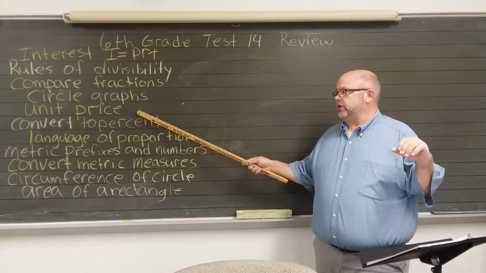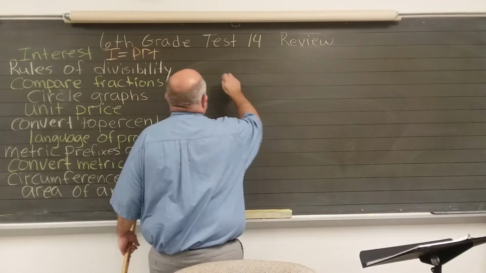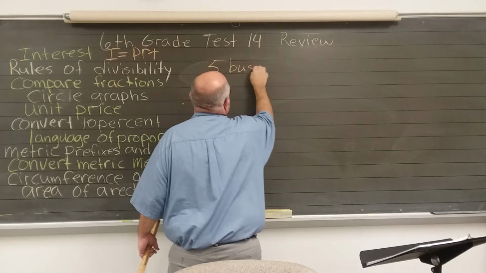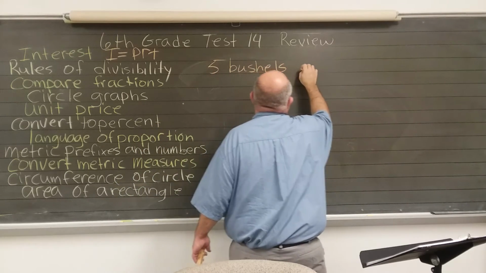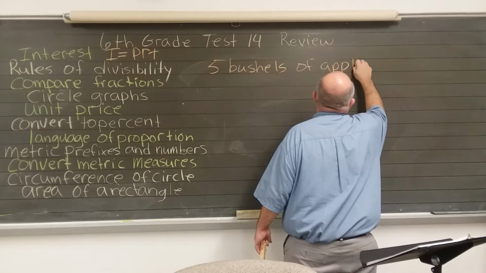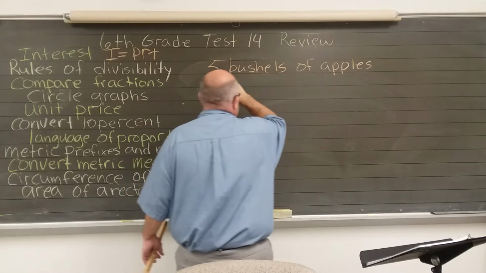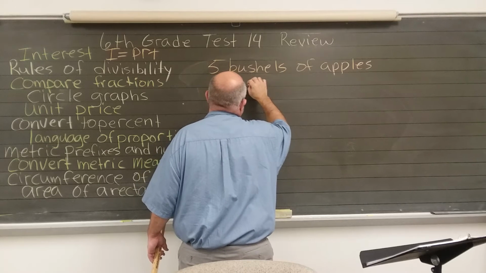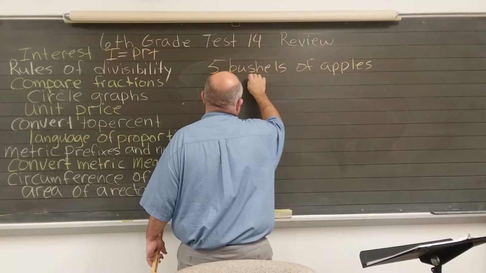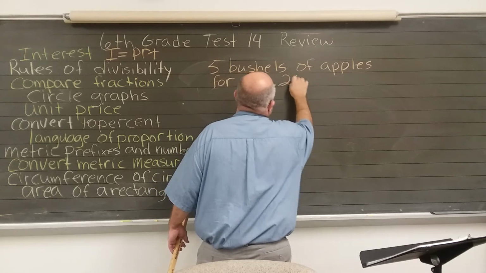Unit price. So let's say I'm buying 5 bushels of apples for $60.25.